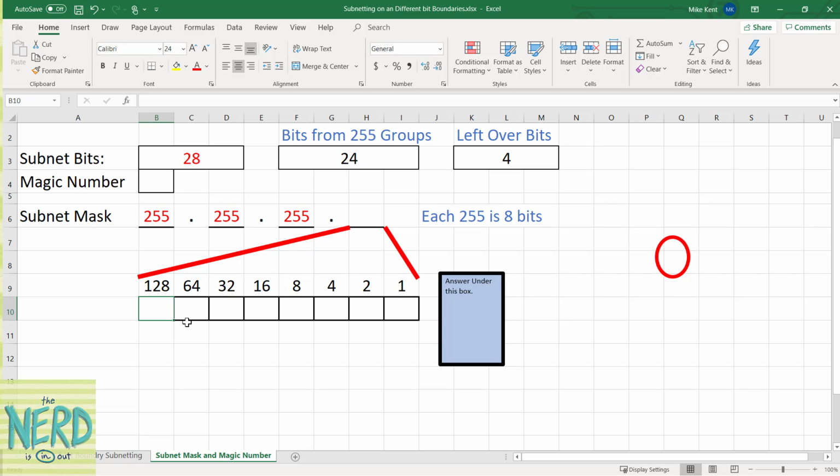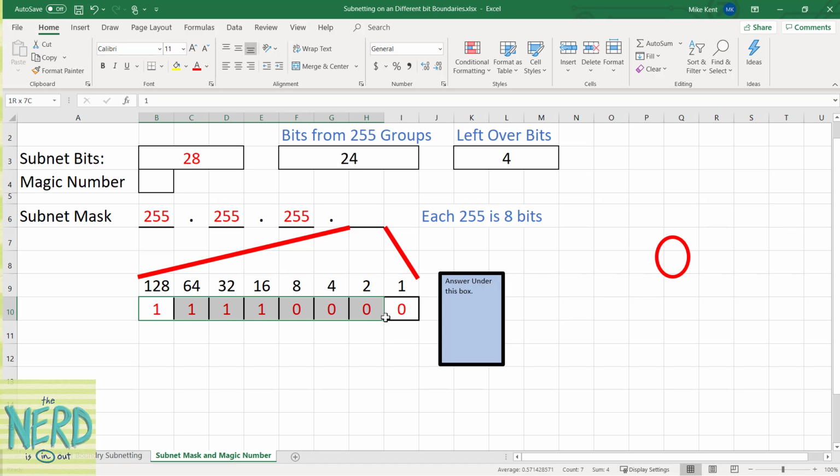So that's going to be a 1 here, here, here, here. That's 4, right? So this is 24, then 25, 26, 27, 28. Well, that's all my network bits. So the rest of this is going to be 0.